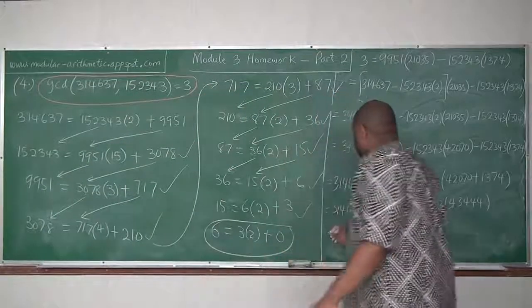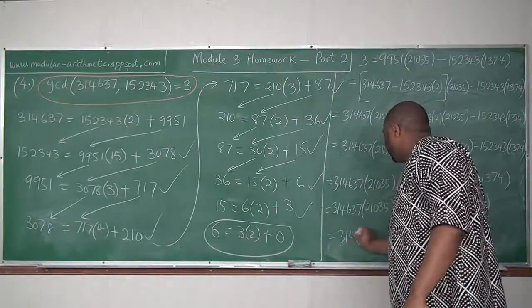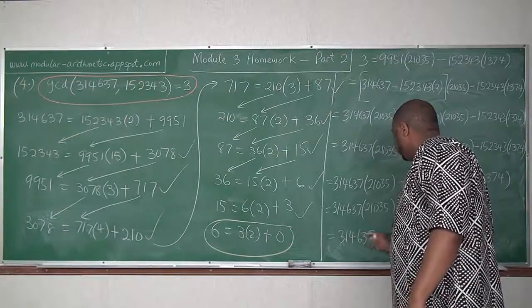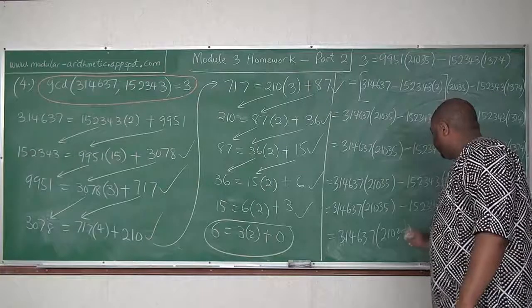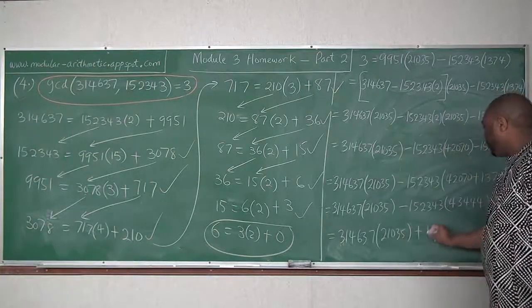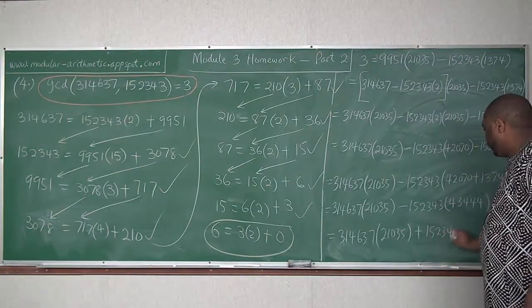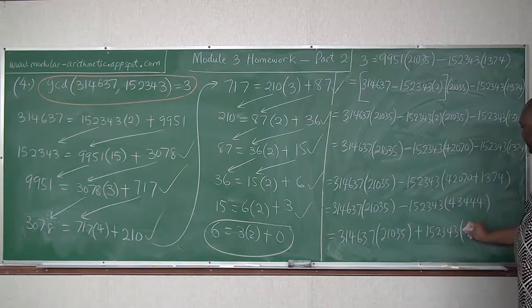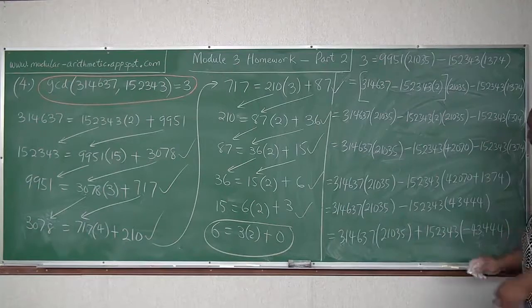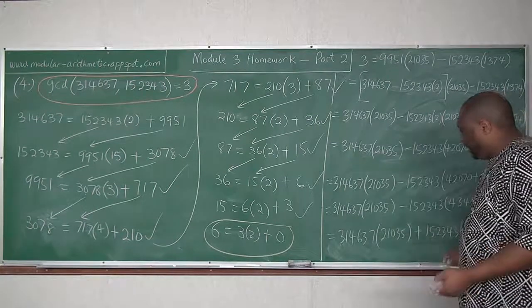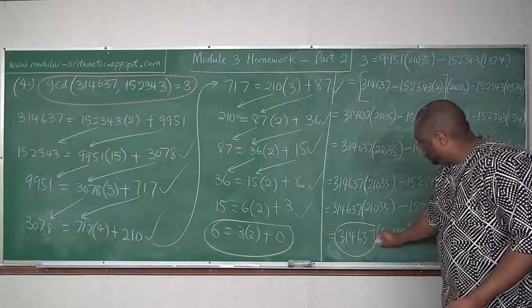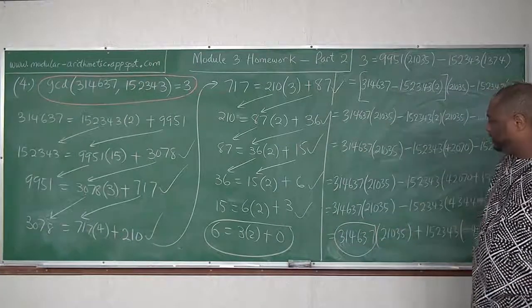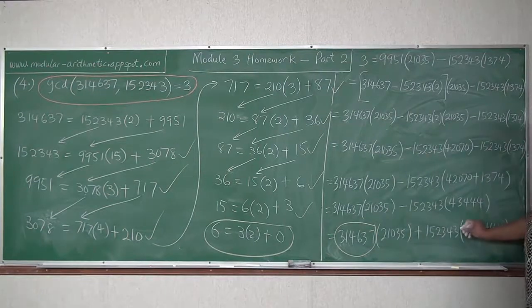So we can write this as 314637 times 21035 plus 152343 times negative 43444. So we see here that this is the dividend, and this is the divisor.